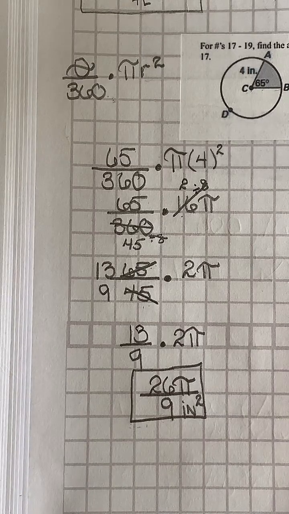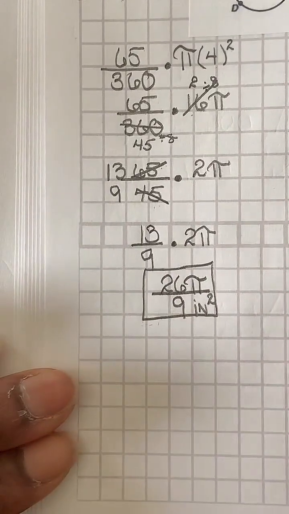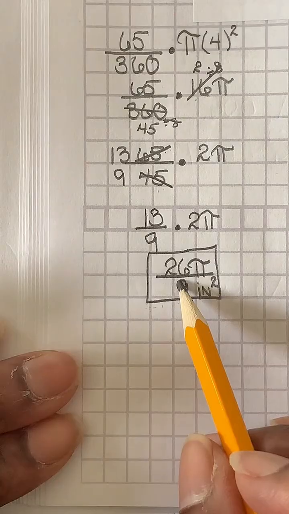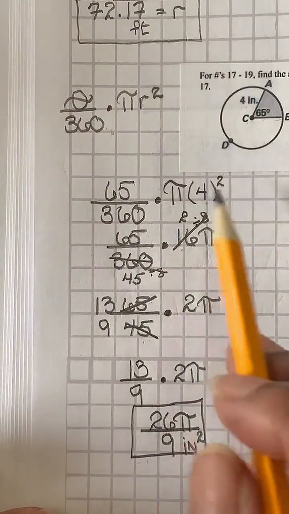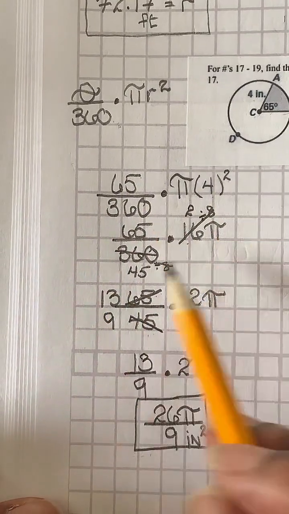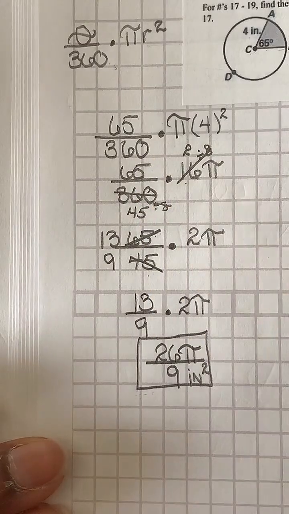Okay? So how do you enter this information into a calculator? Well, you type in your 26 if you're looking for the approximate answer. If you're thinking, let me just put all this in one clean swoop, go ahead. But you definitely are going to have to put parentheses.